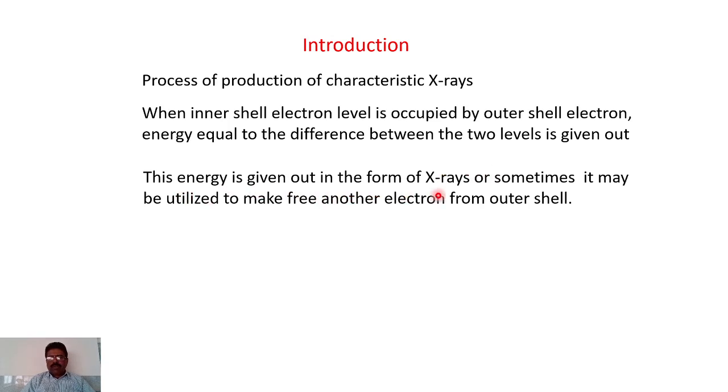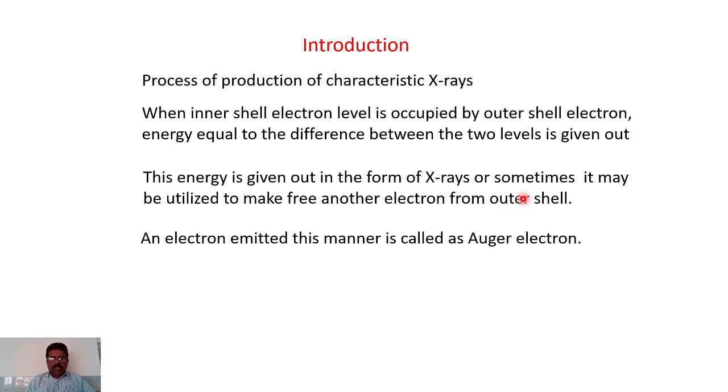So instead of giving out characteristic X-ray in the form of a photon, this energy is utilized to make free another electron from the outer shell. Such a particular electron is called an OJ electron.